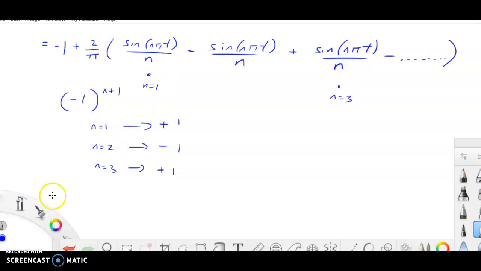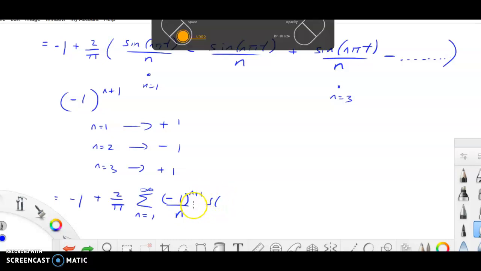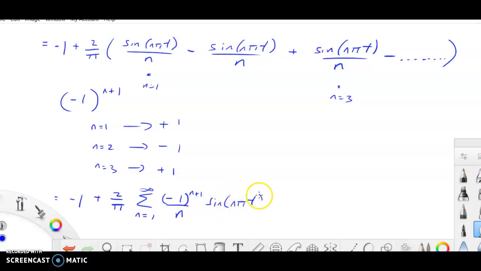So we can rewrite our series: -1 plus 2 over pi, multiplied by the summation from n equals 1 to infinity, -1 to the power of n plus 1 times sine n pi t over n.